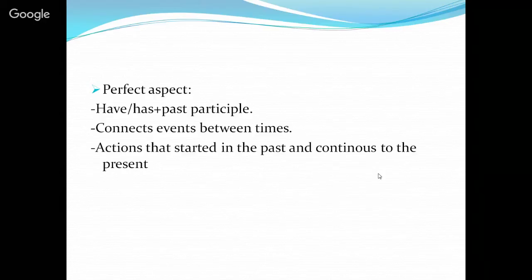This connects events between times and actions that started in the past and continue to the present. So in this case, we can understand situations that began in the past, but those actions are unfinished, so that continues to the present.